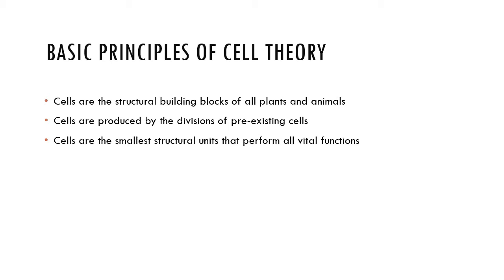And cells are the smallest structural units that perform all vital functions. So the main thing to take from this slide is that they're the structural building blocks, they are produced from pre-existing cells, and they perform all our vital functions.